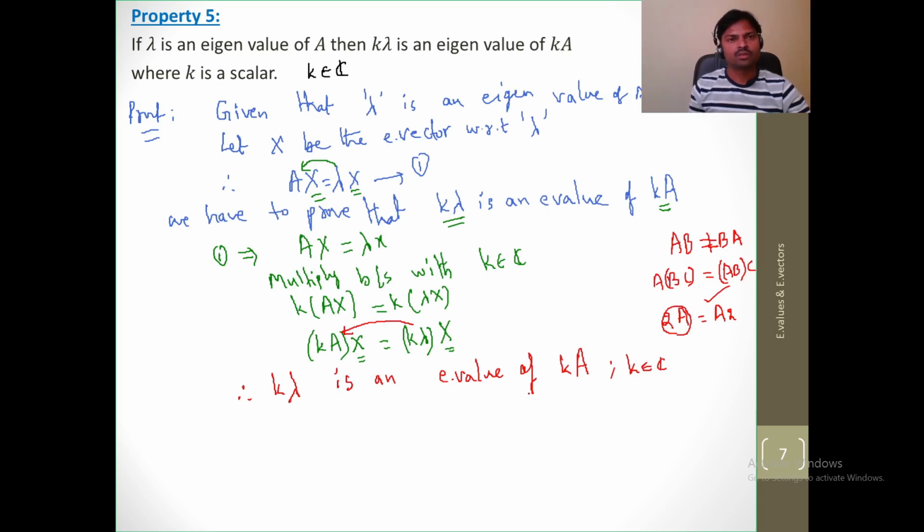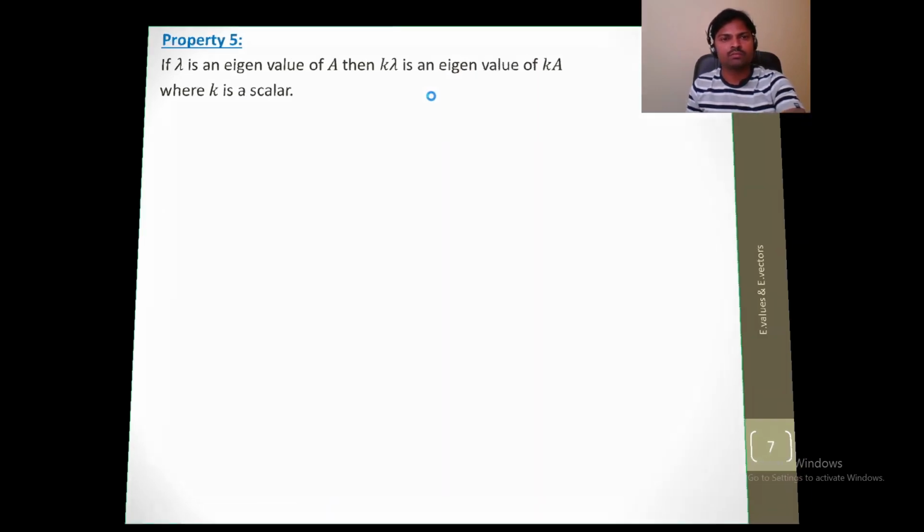Understood? So from now onwards, if lambda is an eigenvalue of A, then multiplying that eigenvalue by some number gives an eigenvalue of the matrix kA with the same multiplicity. Okay. Next one, property number 6, is the last property, and I will do some problems based on these properties in the next class.